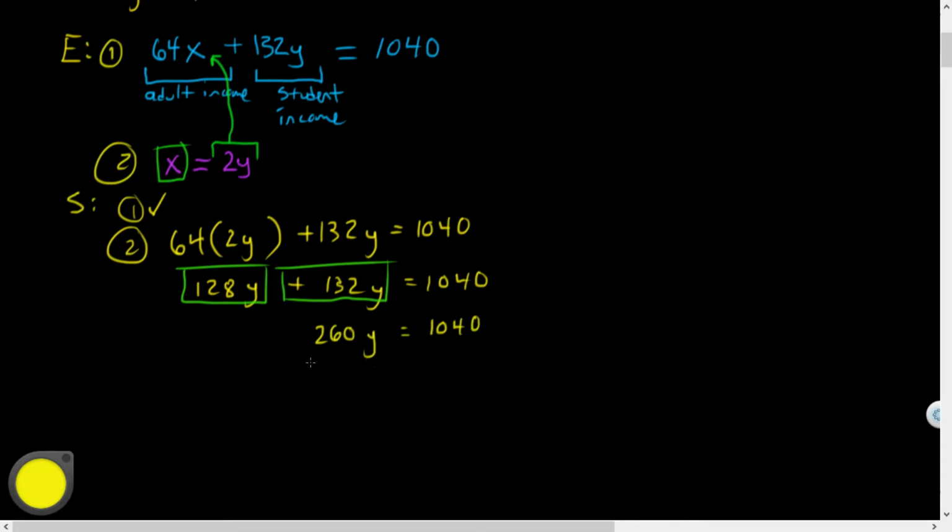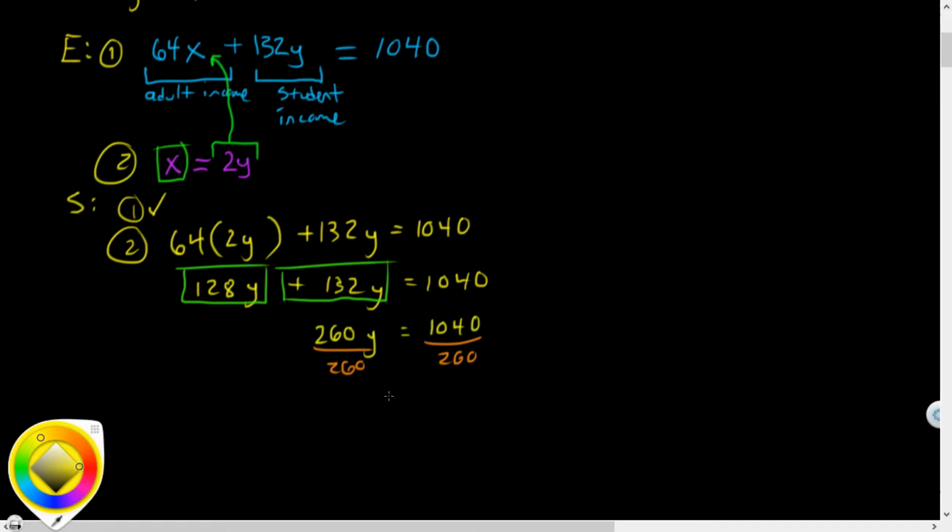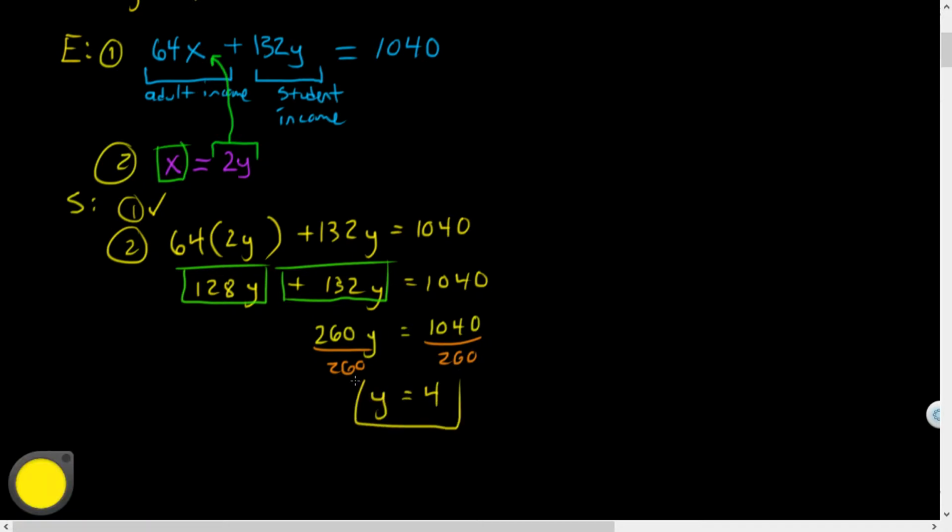How do I solve for Y? Divide both sides. I have suspicions as to what this equals. Let's use a calculator. 1040 divided by 260. I get Y equals 4. What does that mean? What does Y equals 4 mean in terms of these word problems?